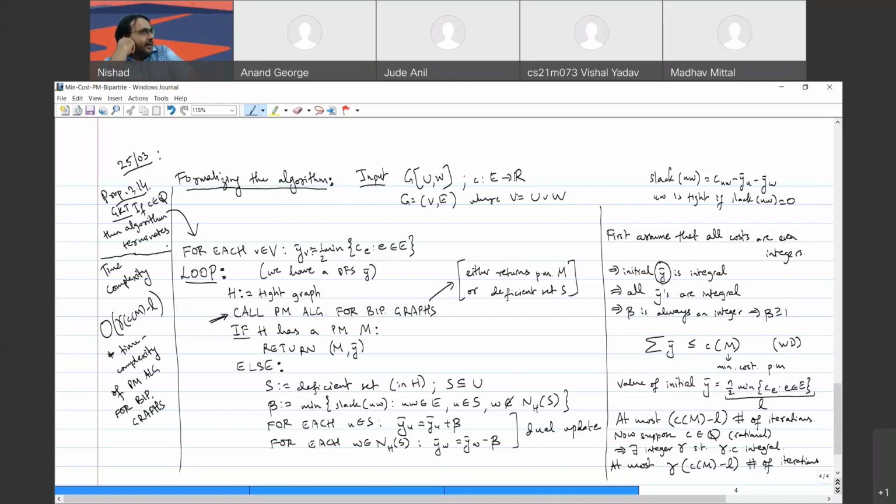I kind of agree, but it's not immediate how I would prove that. But will that preserve the minimum cost perfect matching? Is it clear that we can do that? Right, it would need a proof.